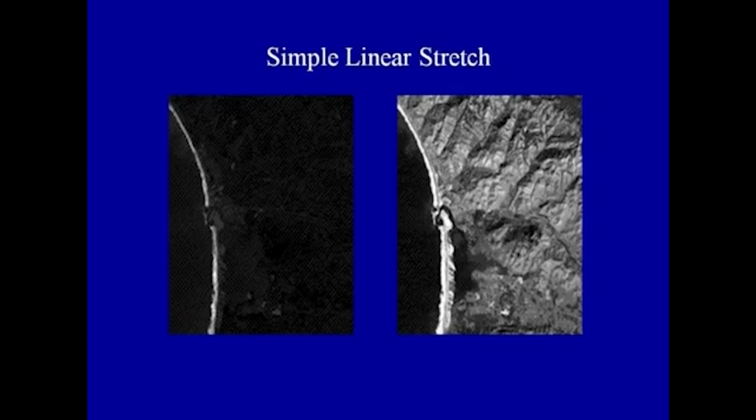By performing a simple linear stretch using min max, one can improve the visual quality, and we can see on the right hand side how the image quality improves significantly.